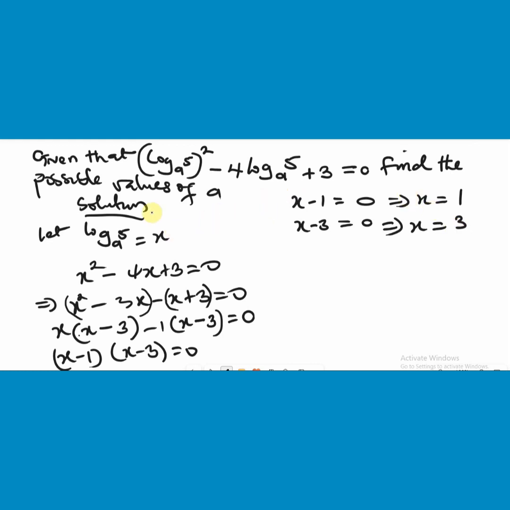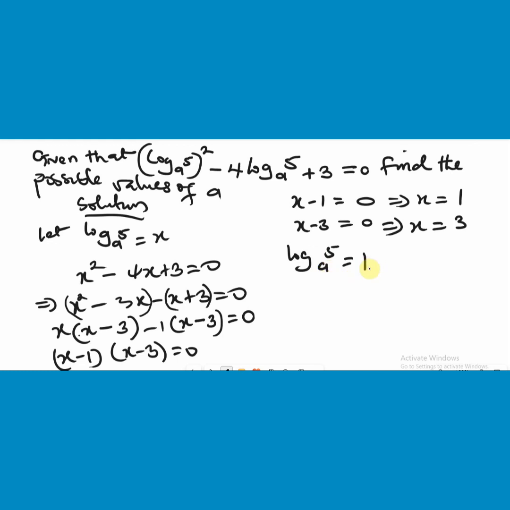So what I'm going to do here is bring back this equation, which is log_a 5 is equal to x. Remember that I got x as 1 and 3. So I'm going to equate log_a 5 to 1 and also equate it to 3, to get the possible values of a.